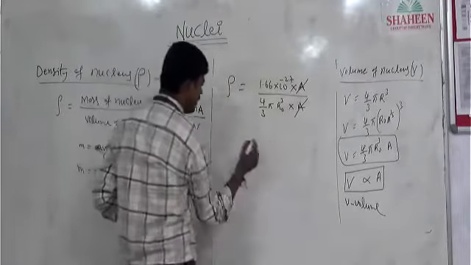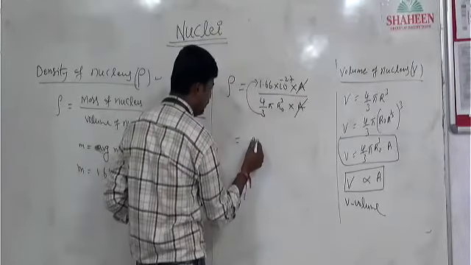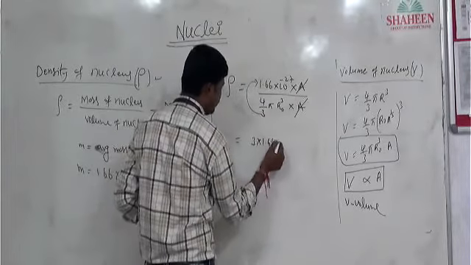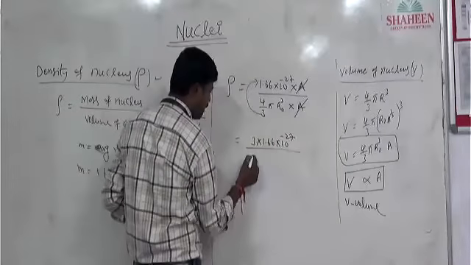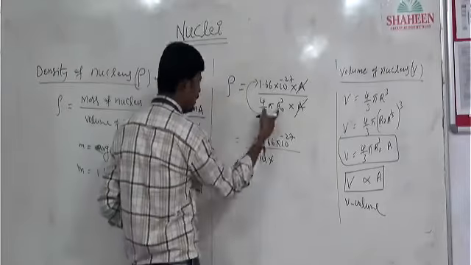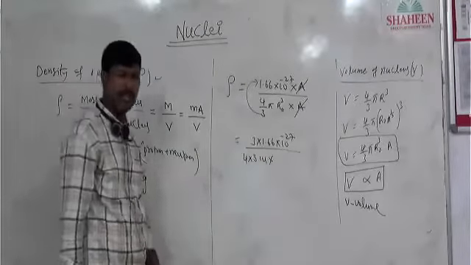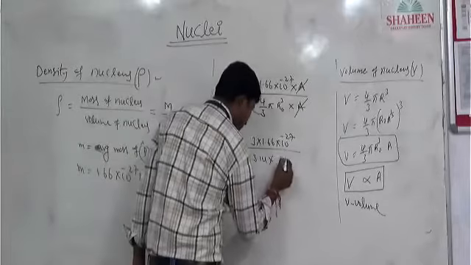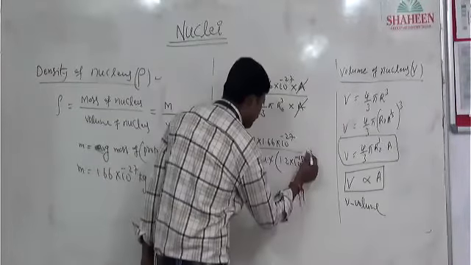Then what is left here? This 3 will go up. So that is 3 into 1.66 into 10 to the power of minus 27 divided by pi, 3.14, into 4, into R naught cube. R naught value is 1.2 into 10 to the power of minus 15, so I am substituting that: 1.2 into 10 to the power of minus 15 whole cube.